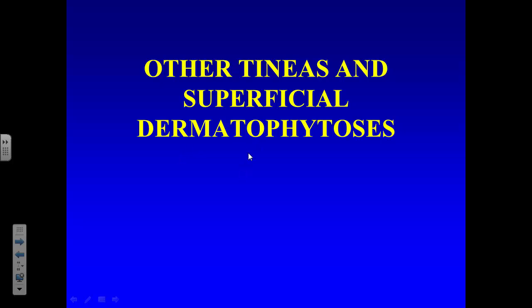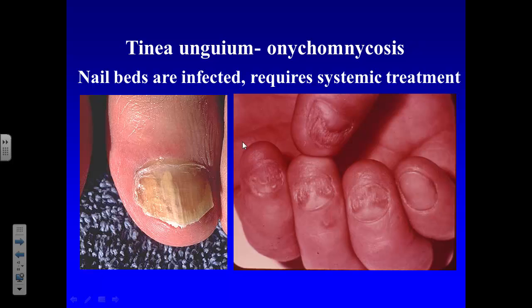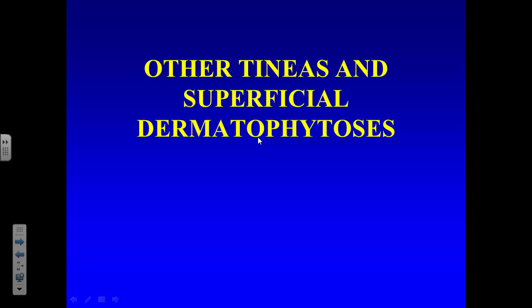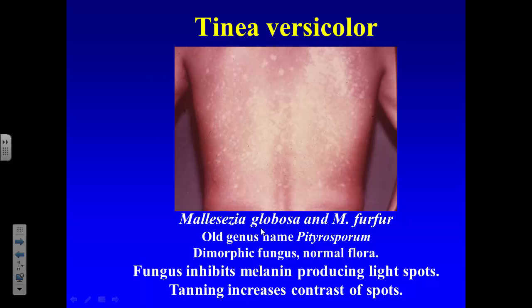Okay, so that covers those 3 genera, but there are a couple of other species of fungi that cause skin infections that we should cover. One is Malassezia globosa and Malassezia furfur. This causes what we call tinea versicolor, ringworm that changes color.